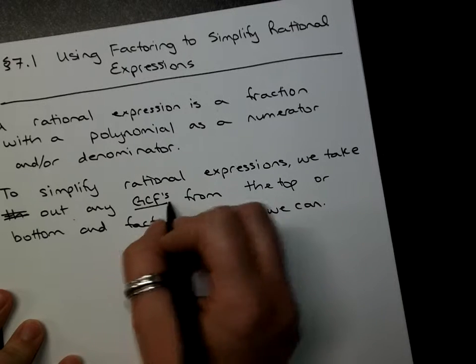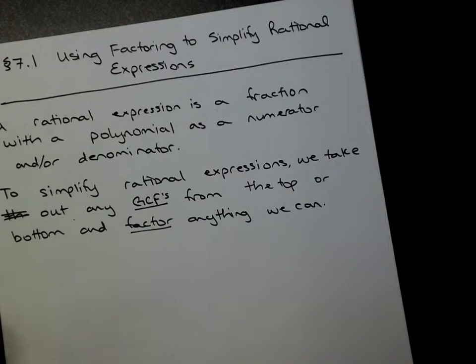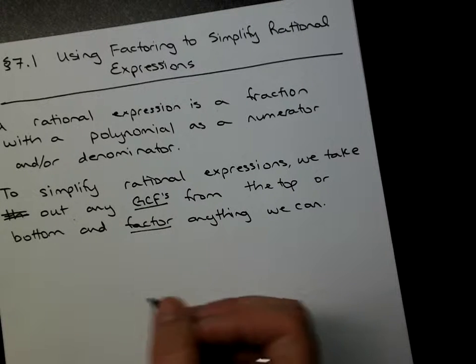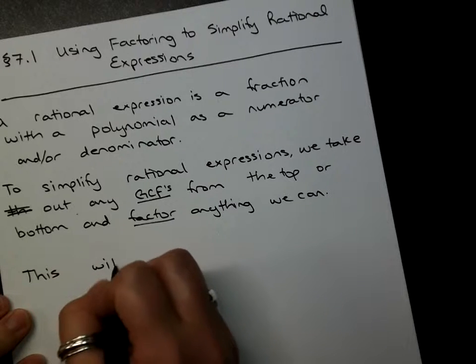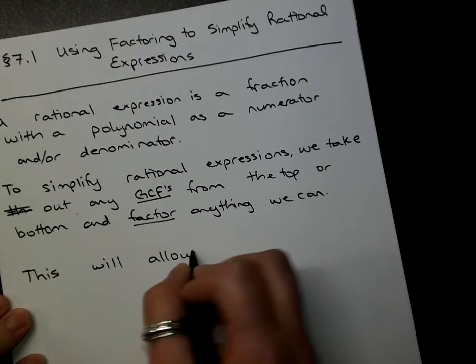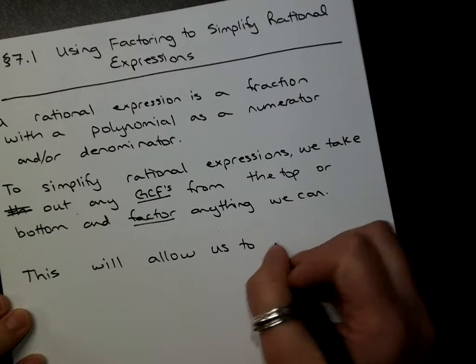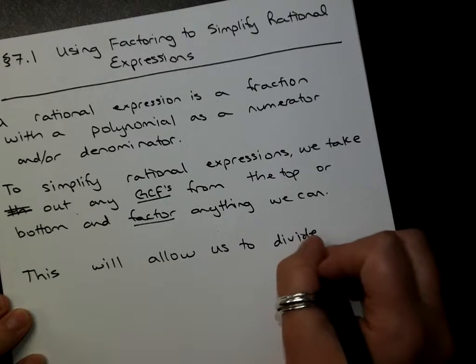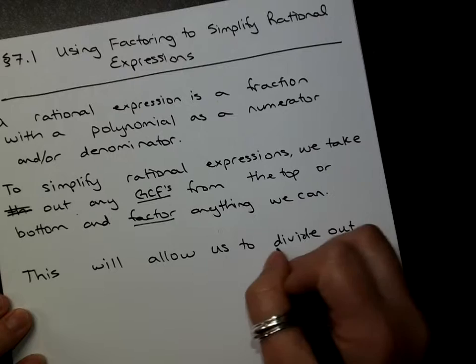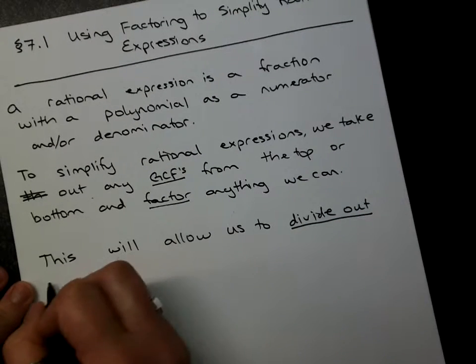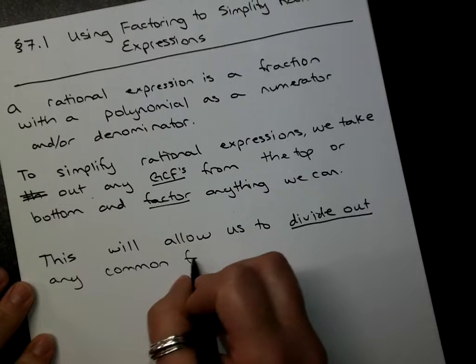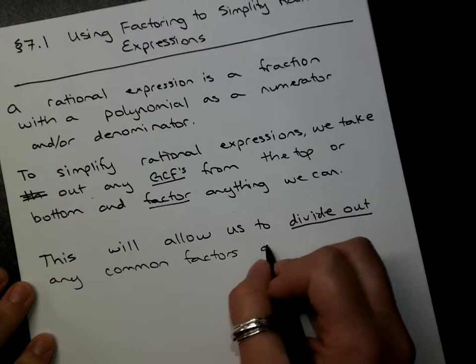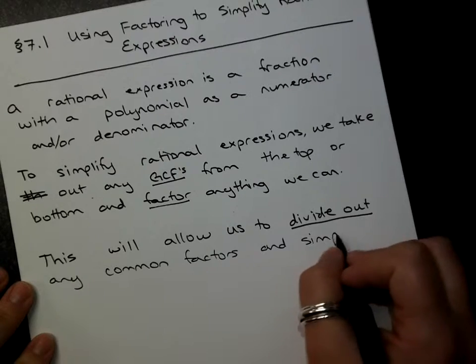So you look for GCFs first, and then you factor anything you can. A binomial, trinomial, four-term, whatever you can find that factors, you factor it. And this will allow us to divide out, one of my favorite things to do, any common factors and simplify.